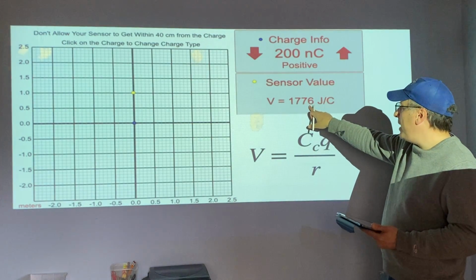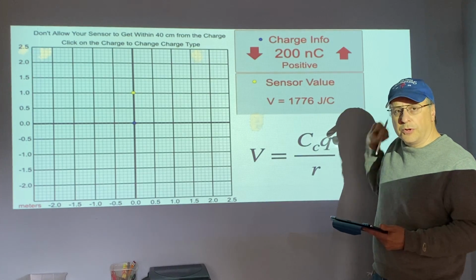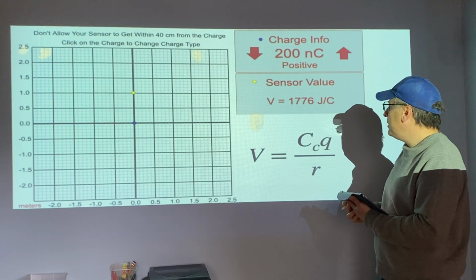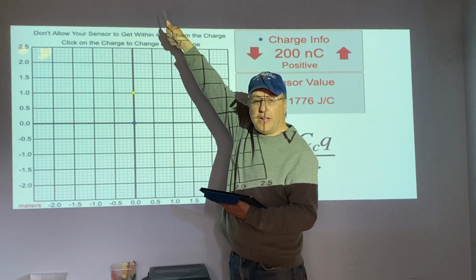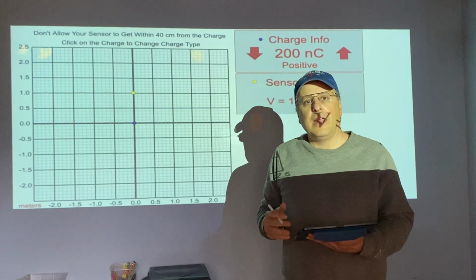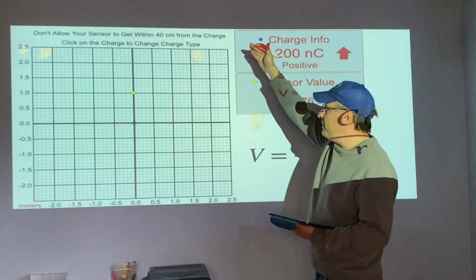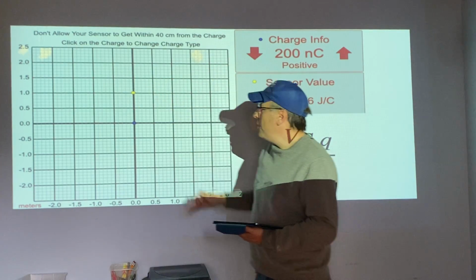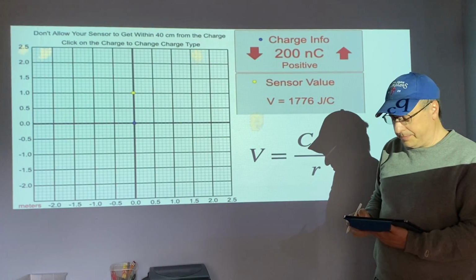So we get a value for potential of 1776 joules per coulomb. That is in reference to when this sensor is infinitely far away, it would have no voltage. So to get from infinitely far to here is a change of 1776 joules per coulomb.